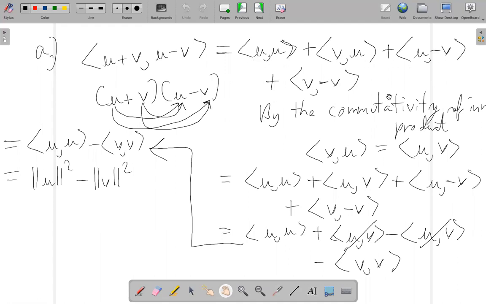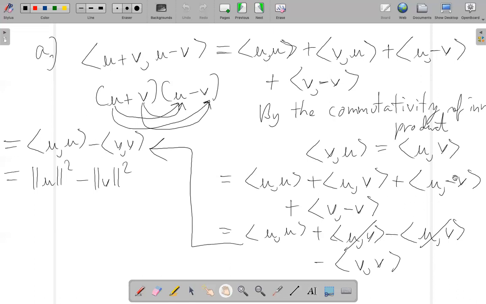Now, inner products follow two properties: commutativity, meaning the order of the vectors in the slots doesn't matter, and homogeneity: if you have a negative sign, you can factor it outside the operator. So given this, the inner product of v and u equals the inner product of u and v, and the u comma minus v simply becomes minus outside.